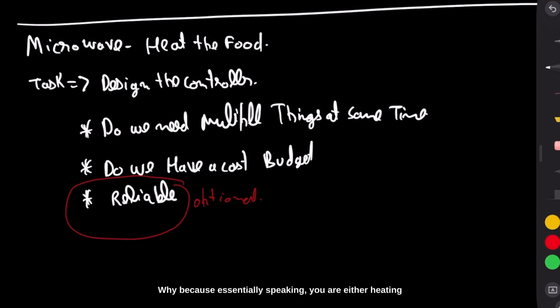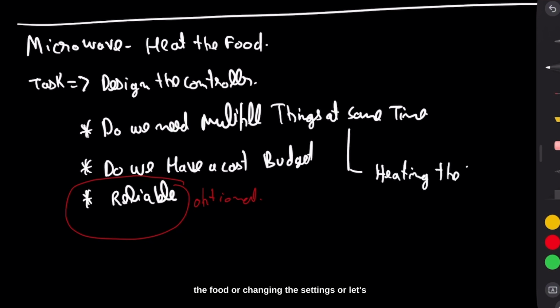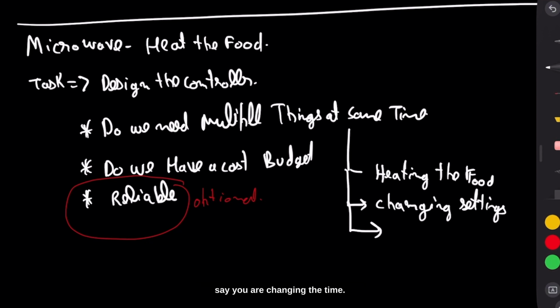Because essentially speaking, you are either heating the food, or changing the settings, or let's say you are changing the time. Some microwaves have time showing as well, and that's it. Correct, right?